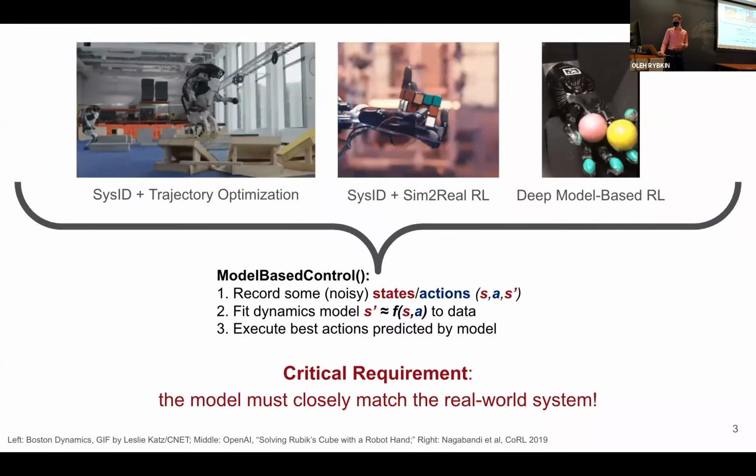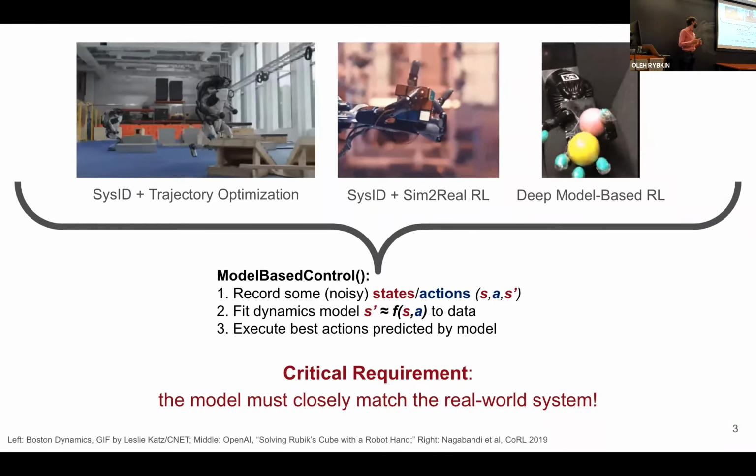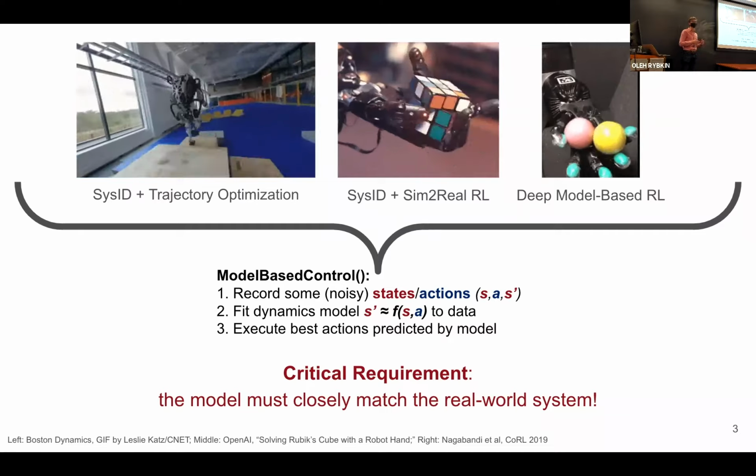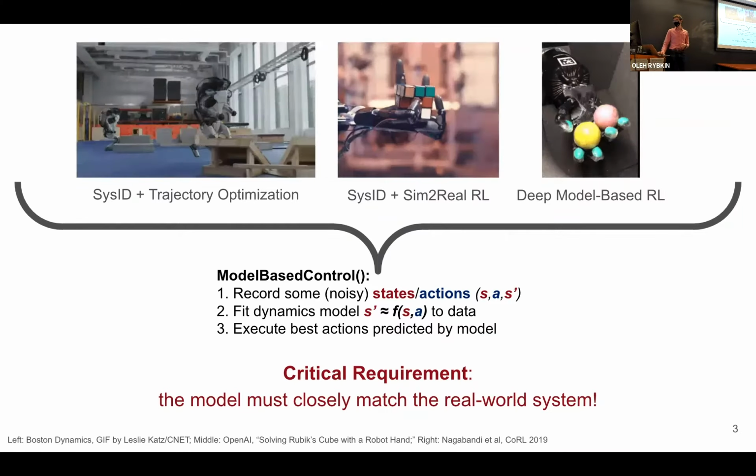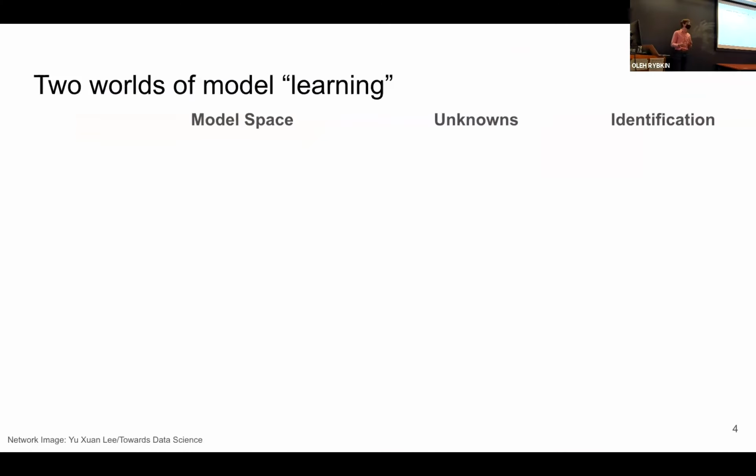And a critical part about having this close match is fitting to some sort of data. Now, depending on the setting that you're working in, and also, frankly, the expertise that you have, you could use a really diverse set of methods to do this fitting to data.